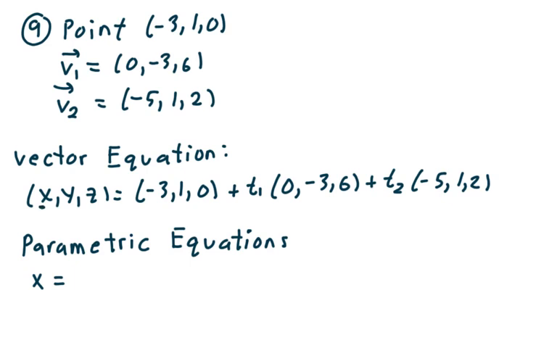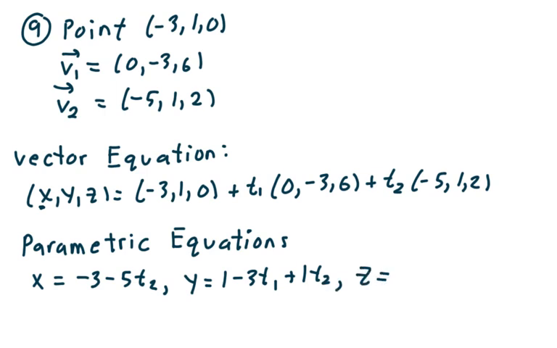So x is equal to -3 minus 5t2. y equals 1 minus 3t1 plus 1t2. And then z is equal to 0 plus 6t1 plus 2t2. That's it.